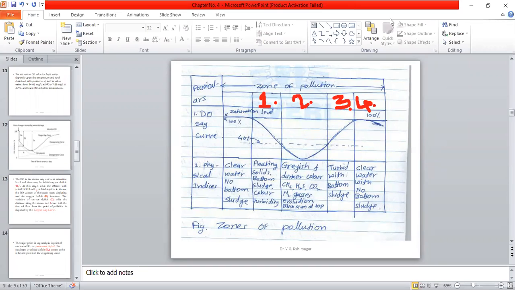Have you done, guys? If yes, please reply. Bhosle Vaishnavi replied that yes, ma'am.